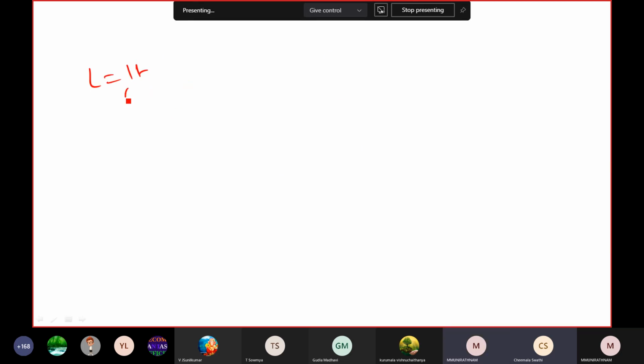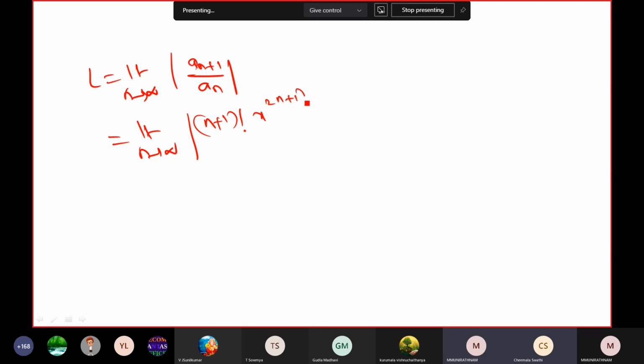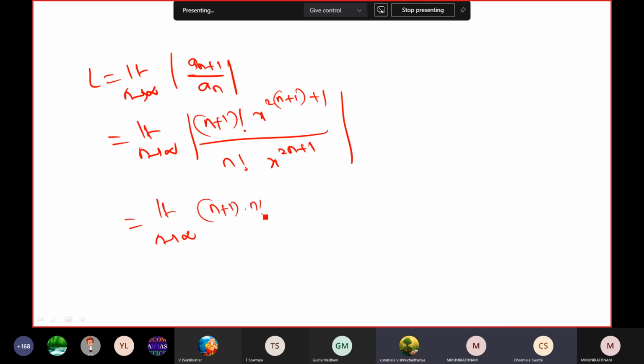So L equal to n plus 1 factorial x power 2n plus 1 by n factorial into x power 2n plus 1. దీన్ని ఎలా రాయొచ్చు? n plus 1 into n factorial x square by n factorial గా రాయొచ్చు, అవునా?